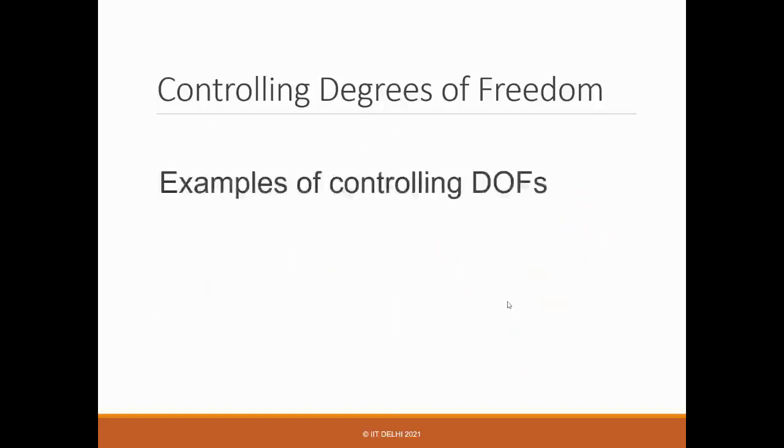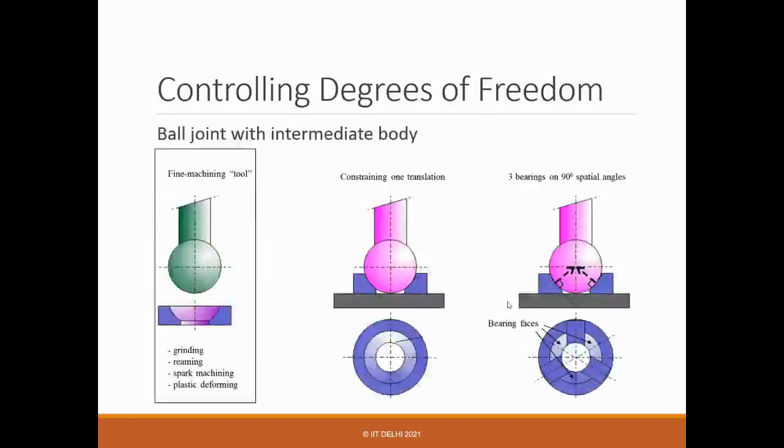Now we'll talk about some of the examples, some of the implementation of the concepts we have studied. So there are various ways of controlling degrees of freedom, and how we can use it in day-to-day design problems. So for instance, what happens if you want to support a spherical ball.